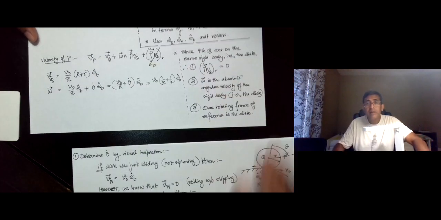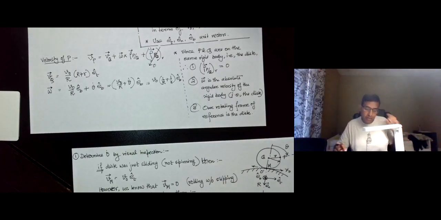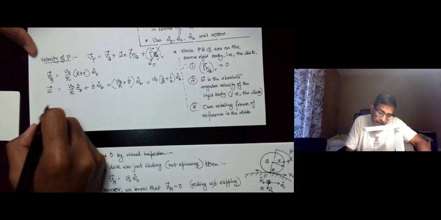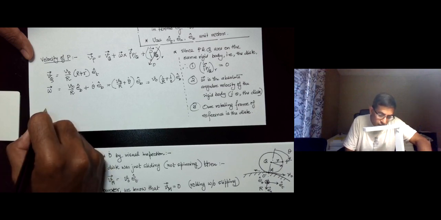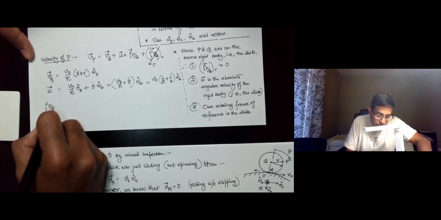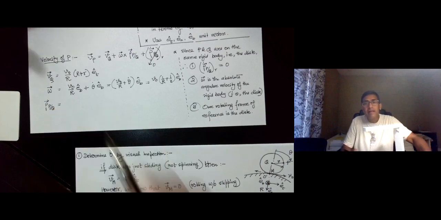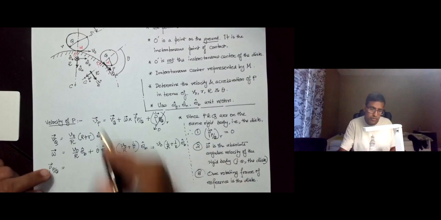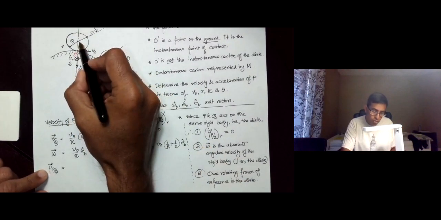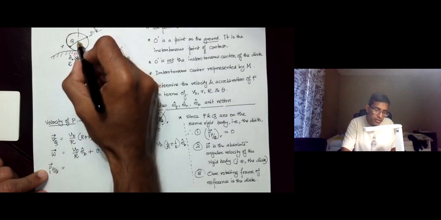So that is the angular velocity expression, and then rho p with respect to q is the vector that relates the location of p with respect to q. So you can see that rho p with respect to q is a vector going in this direction.